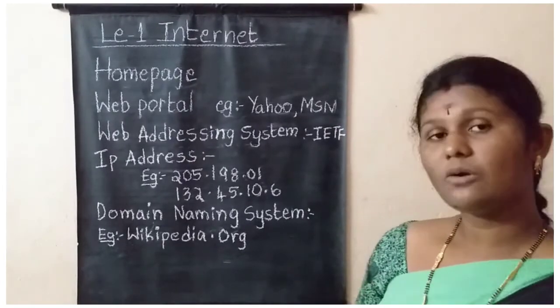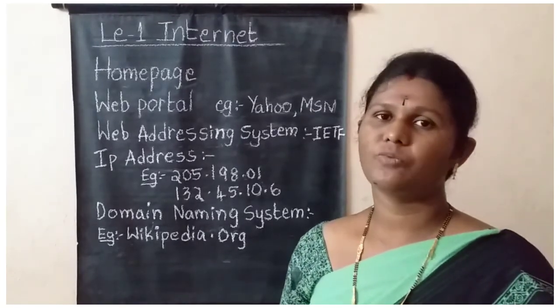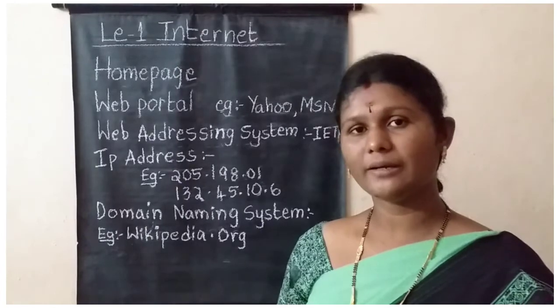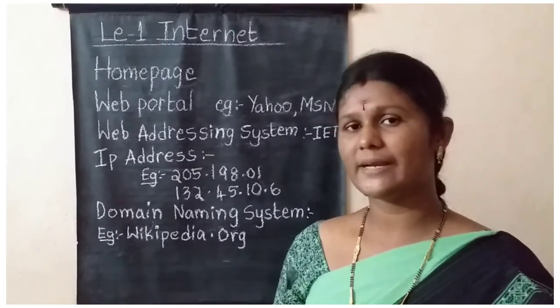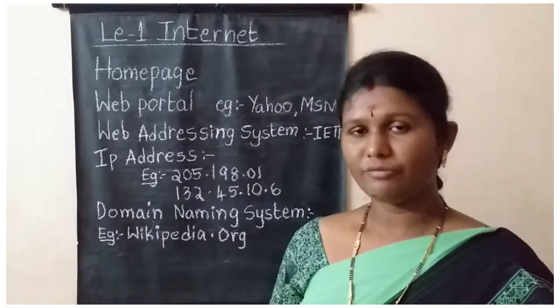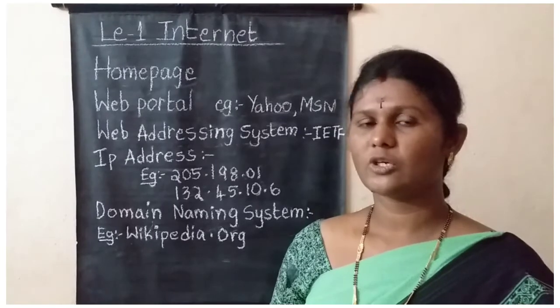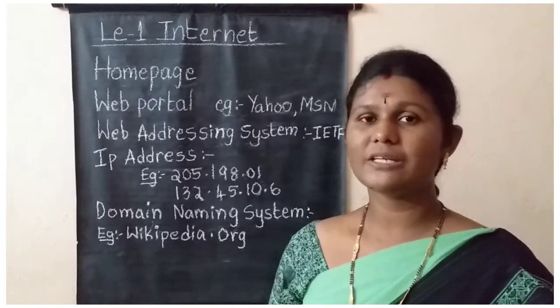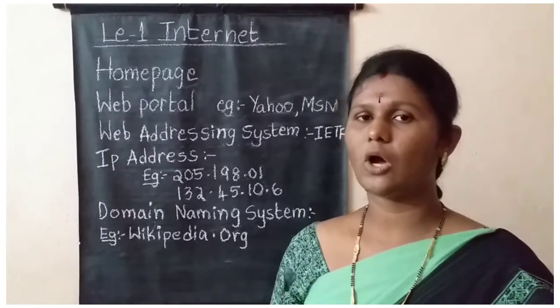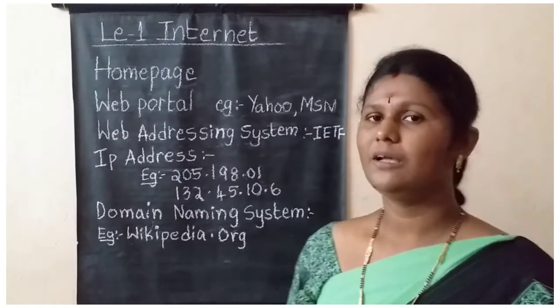When it comes to countries, .in stands for India. If we are in Australia, what is the domain extension for Australia? .au. For America, the United States, .us. For the United Kingdom, .uk. For France, .fr. Like that.